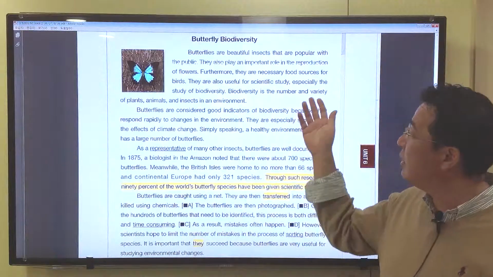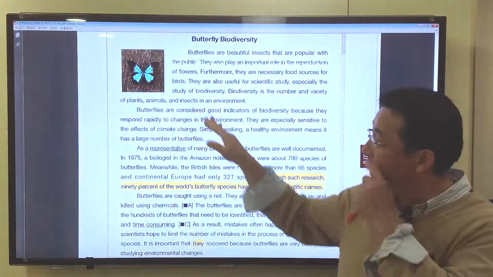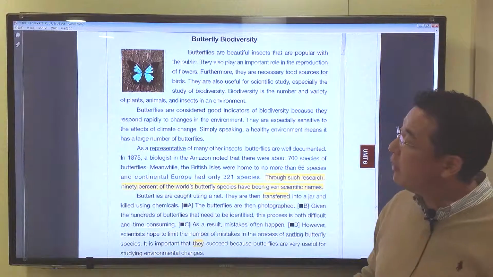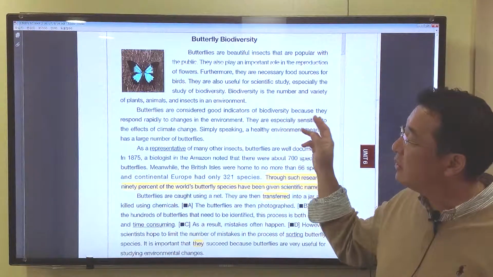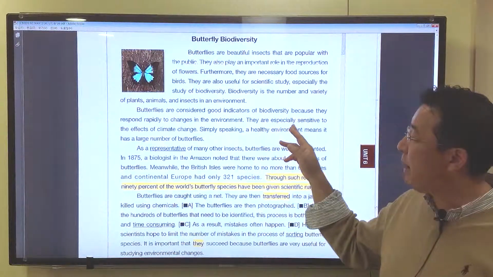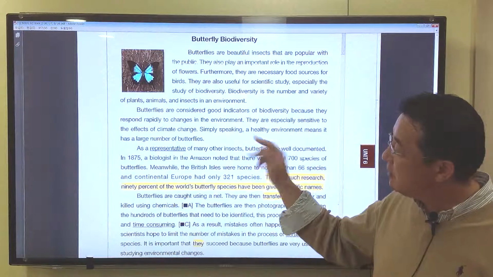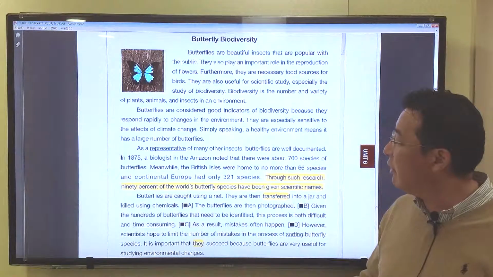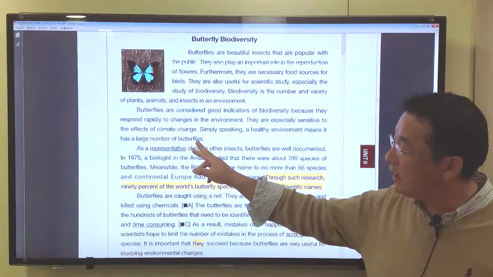Biodiversity is the number and variety of plants, animals, and insects in an environment. Butterflies are considered good indicators of biodiversity because they respond rapidly to changes in the environment. They are especially sensitive to the effects of climate change. Simply speaking, a healthy environment means it has a large number of butterflies.